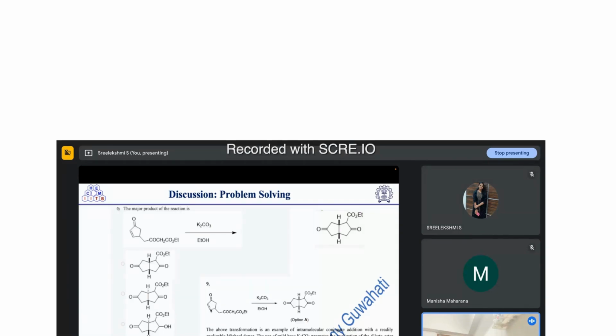A 1,4 addition takes place, and then this will convert to enolate, and that will give this option A. Is it fine? And since it is a 5-5 fused ring, mostly this cis conformation will be preferred over trans. So negative charge will form here, and that will undergo 1,4 addition to get this 5-5 fused ring in cis fashion.